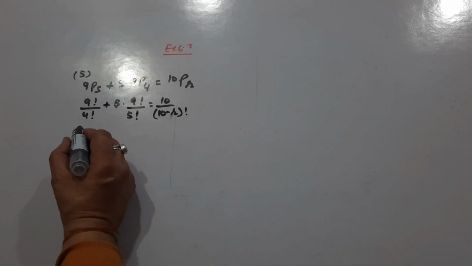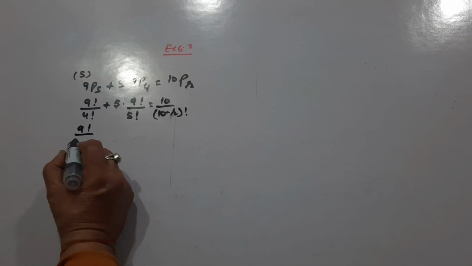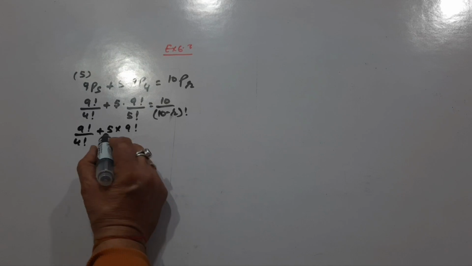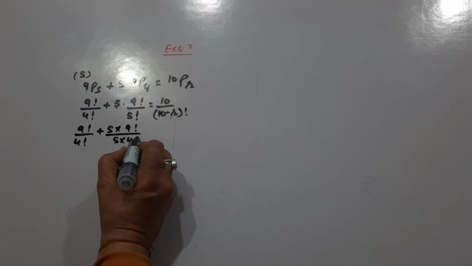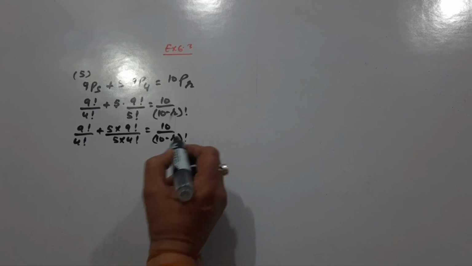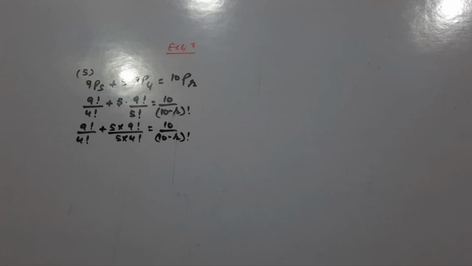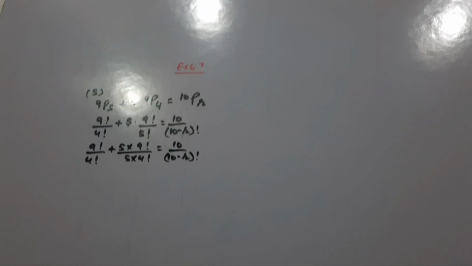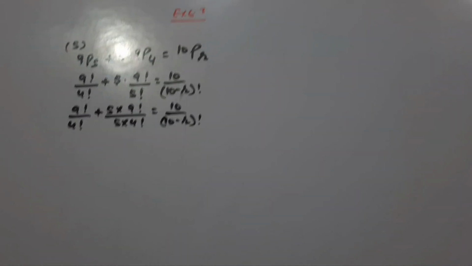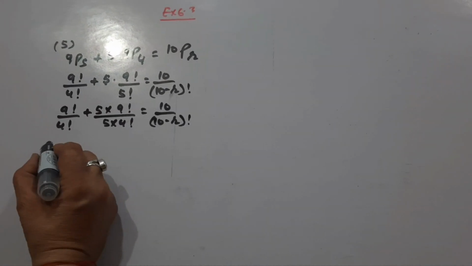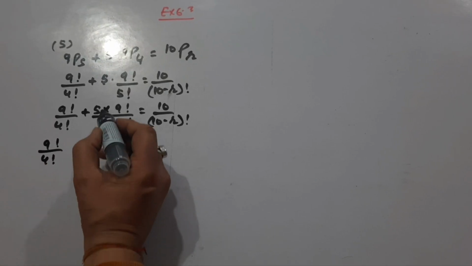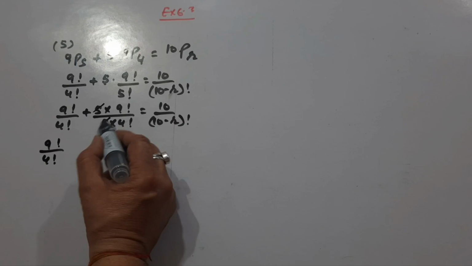Now 9 factorial upon 4 factorial plus 5 times 9 factorial upon 5 into 4 factorial equals 10 factorial upon (10 minus r) factorial. Now students, let us solve it. Now taking common, 9 factorial upon 4 factorial is common, and cancelling 5 with 5.